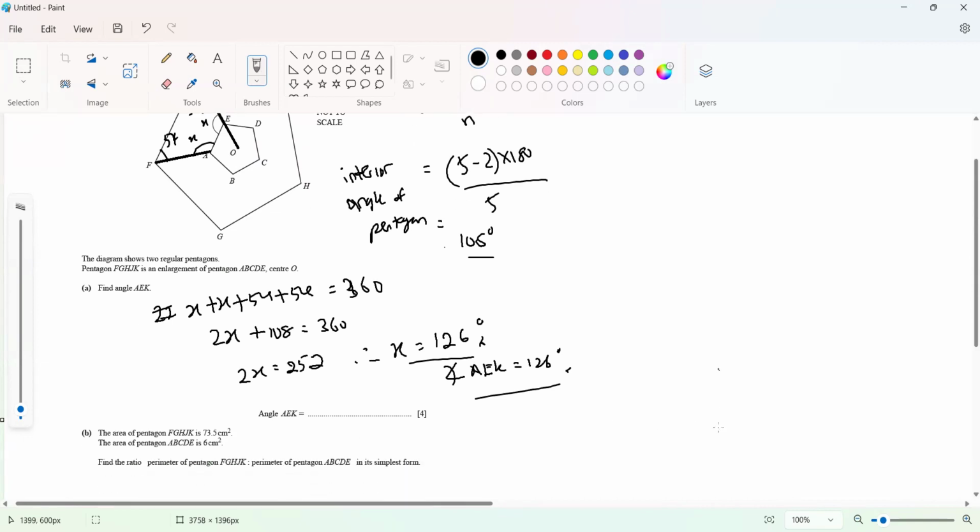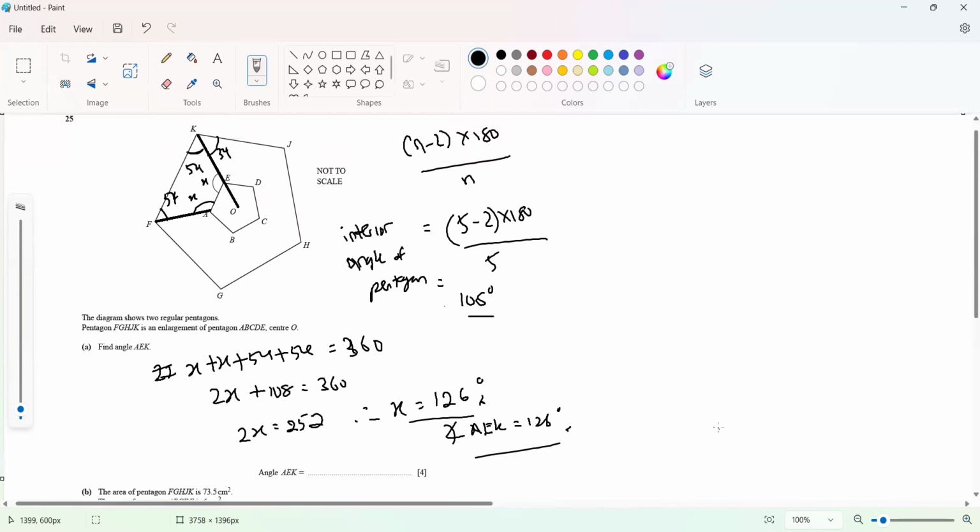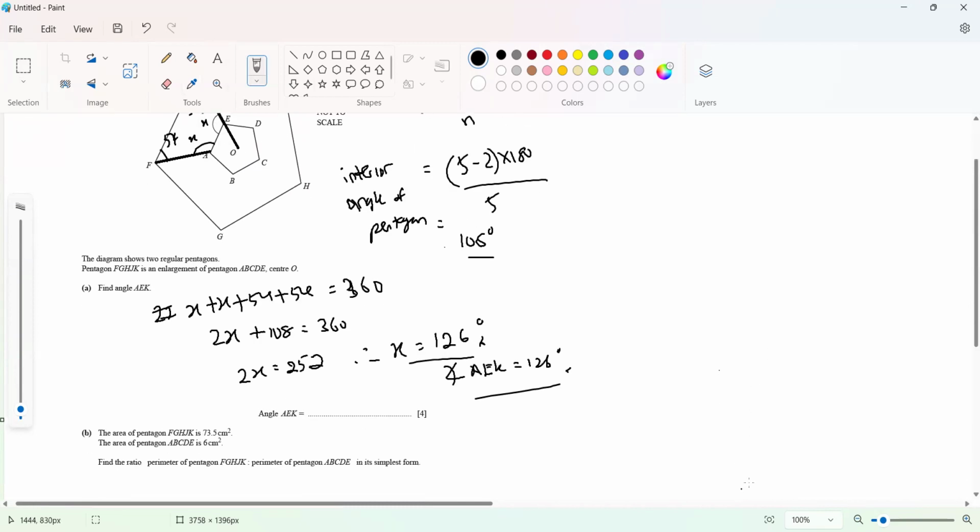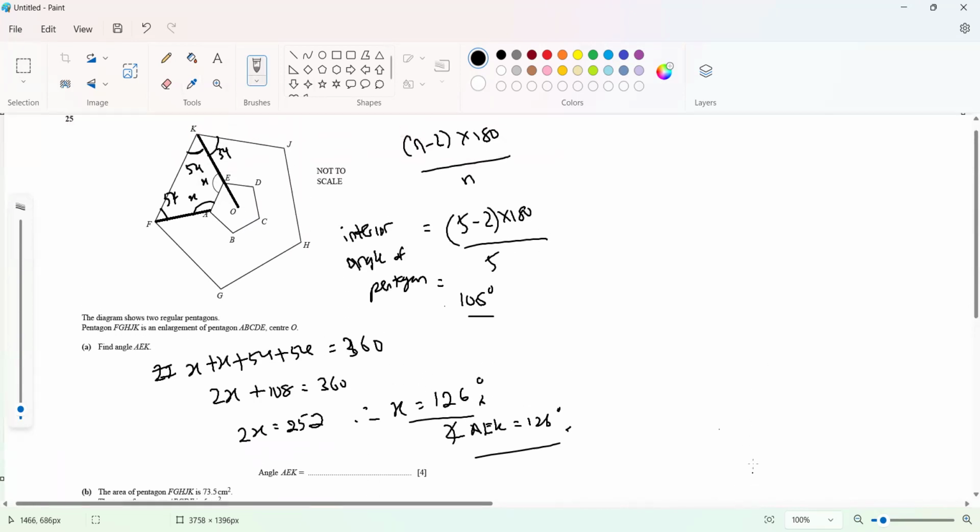So part B, the area of pentagon FGHJK is this. The area of the other pentagon is 6. Find the ratio of the perimeter of the pentagon to the perimeter of the other pentagon in its simplest form. So we are looking at the scale factor. We are just going to work with the area of the big pentagon over the area of the small pentagon. To create the ratio in terms of length, all we need to do is square root this ratio.